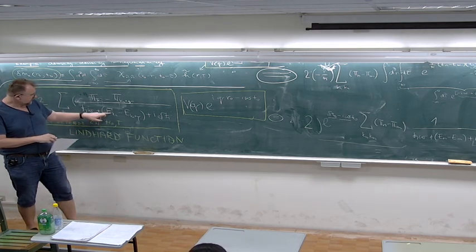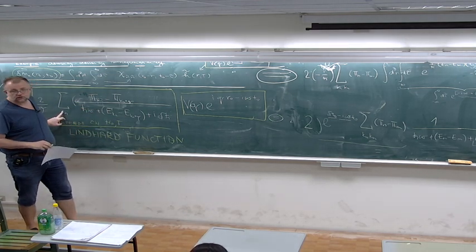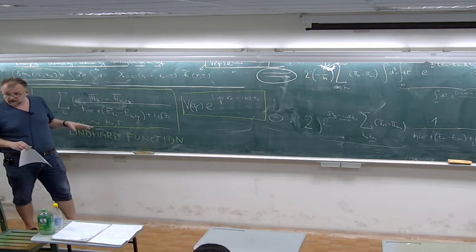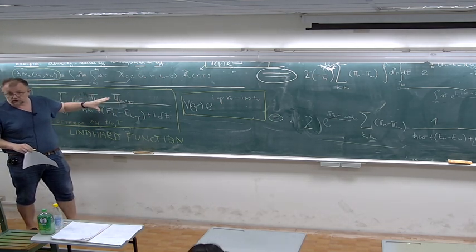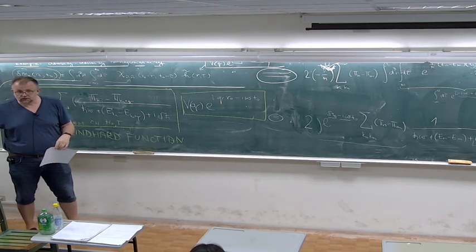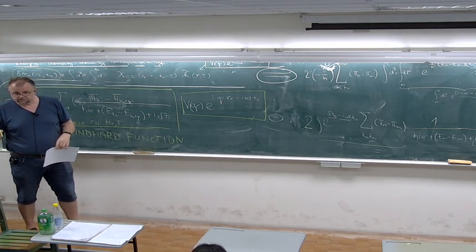I just need to know eigenenergies, probabilities, factors, and I should be able to compute this sum. And I will get some object. And this is called the polarization function of the electron gas: how the electrons are getting polarized if you apply the external perturbation. Okay?